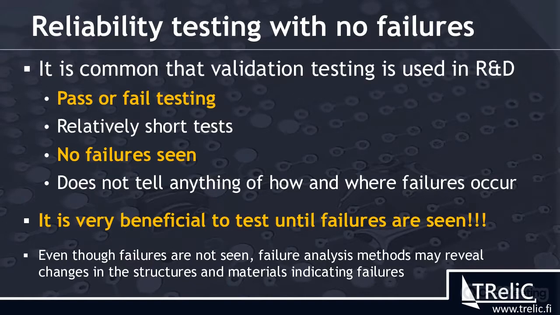So it's very, very beneficial to start to test until you see failures when you do product development. And also in this way, we can see when the failures start to occur, so we can do some reliability prediction and also compare that to the field data.